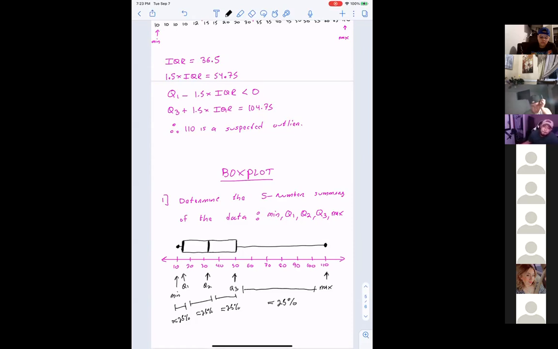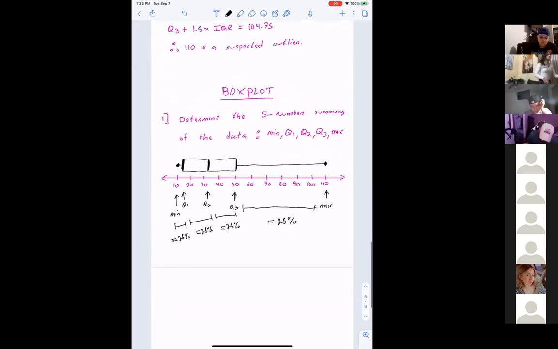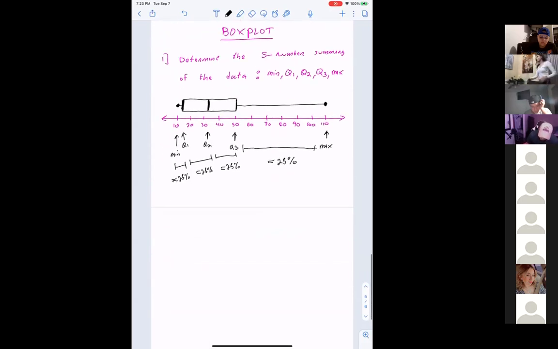Q2 and Q3 is 25%, and then Q3 to the maximum is 25%. Does that make sense? Does that seem reasonable? It's reasonable, yeah. Okay, now, based upon that, would you say that this data is symmetric, skewed to the left, or skewed to the right? Skewed to the right.